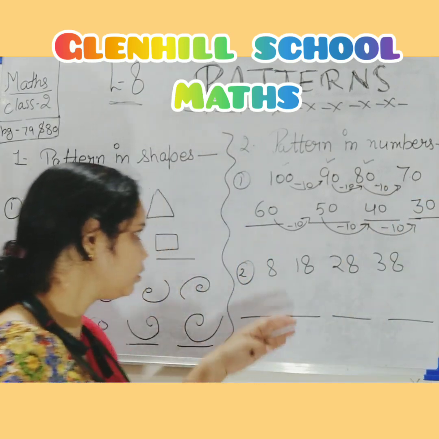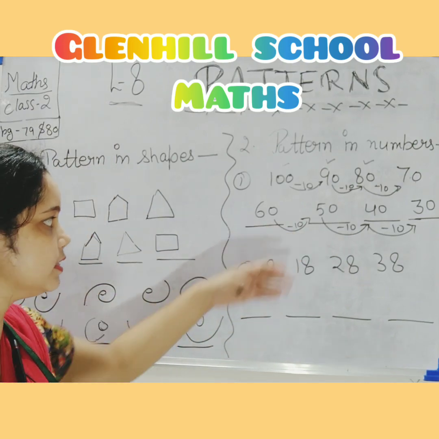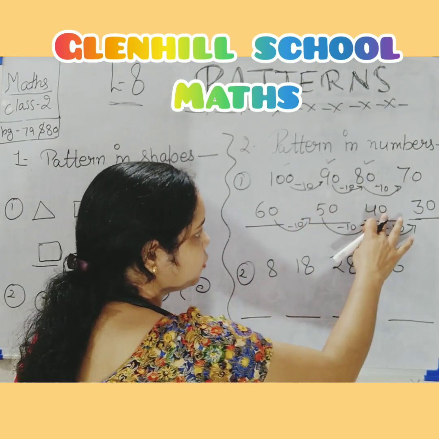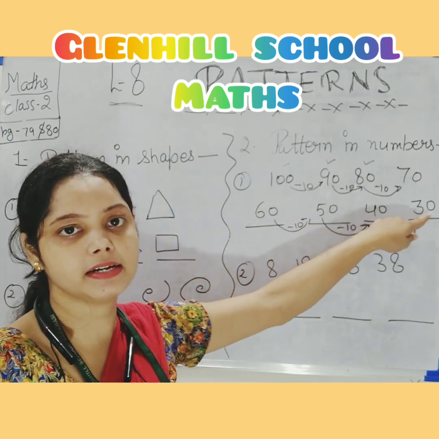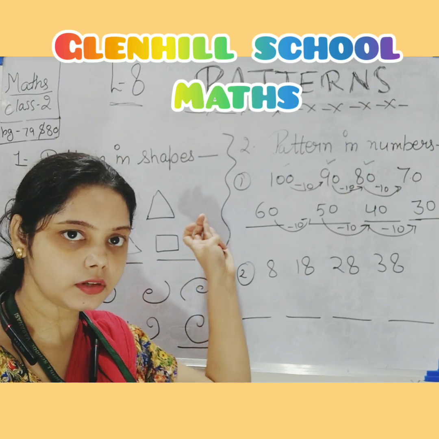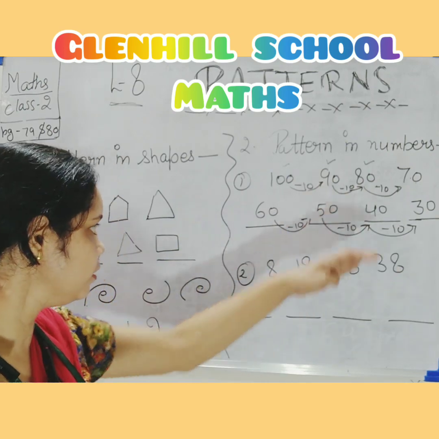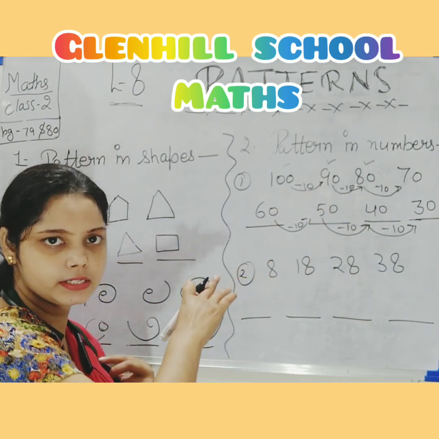So the next 4 numbers in the series or pattern are 60, 50, 40, 30. As you can see, 10 is subtracted from the adjacent numbers. So I hope this is clear to you.